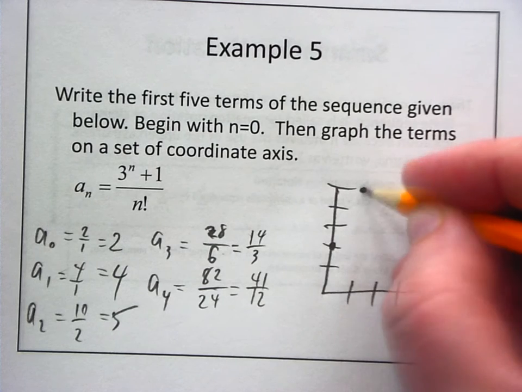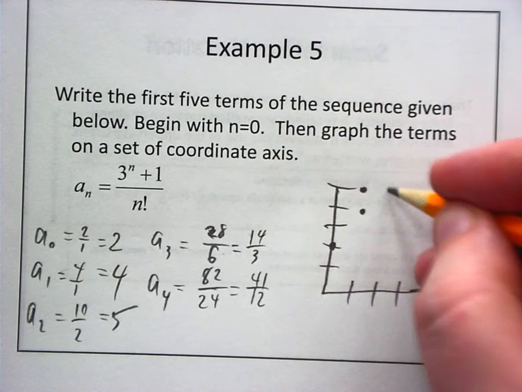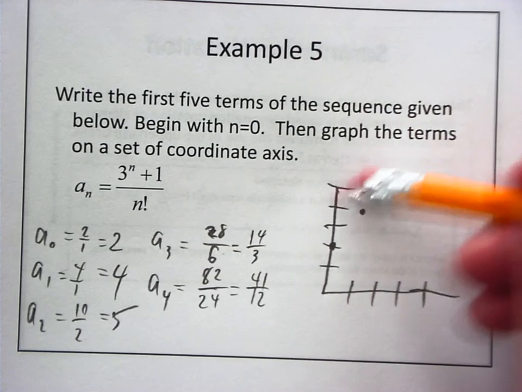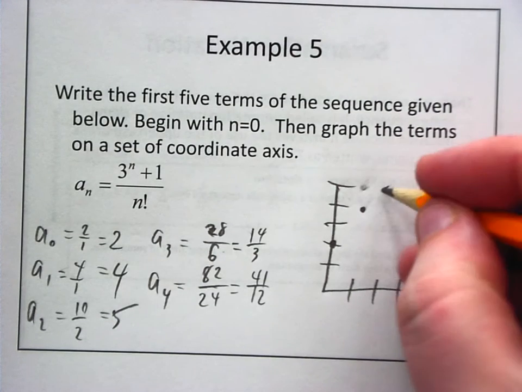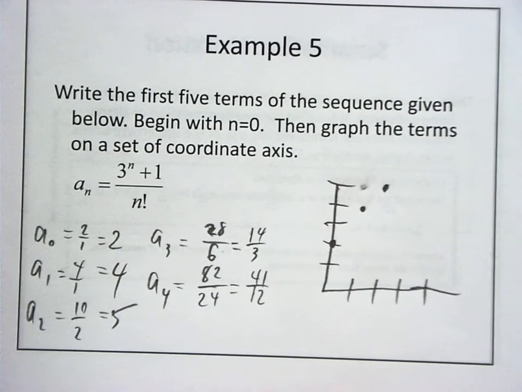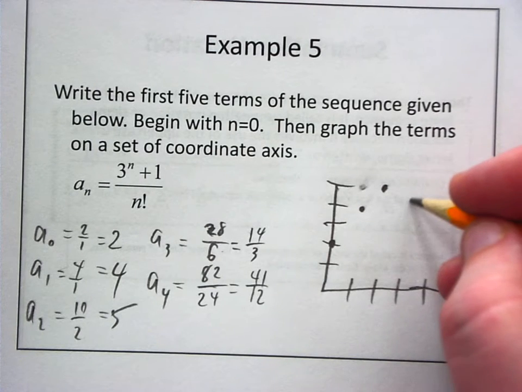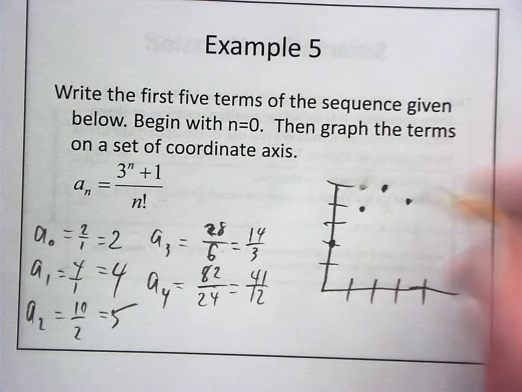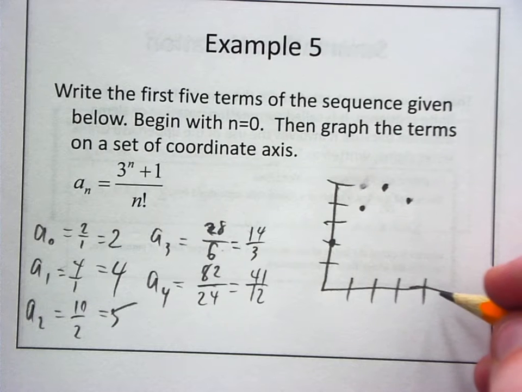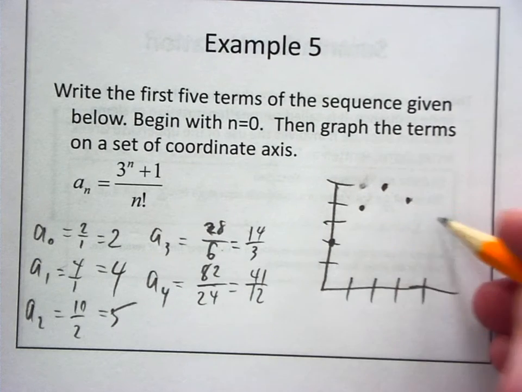At 1, we were up at 4, whoops. If I graph it right, we were up at 5, 4, 3. Where's 14 thirds going to be? A little over 4. And 41 over 12? A little before 4.